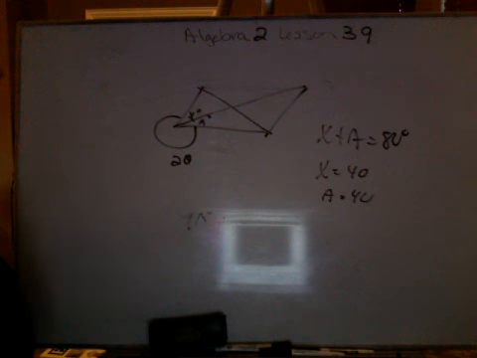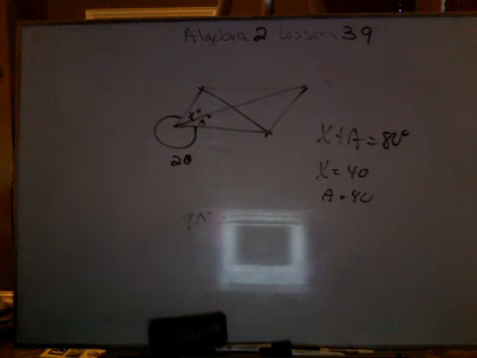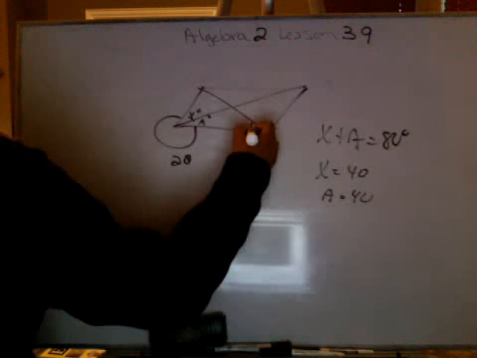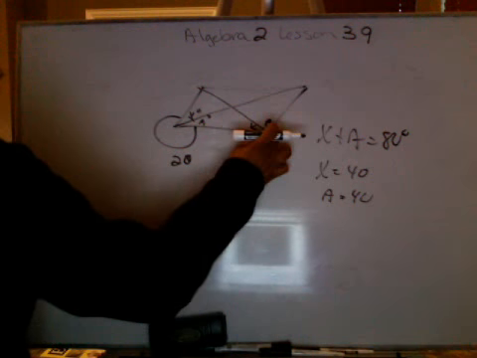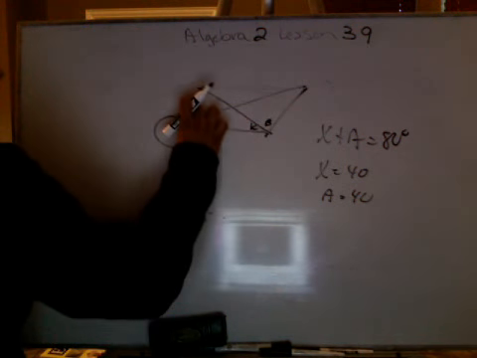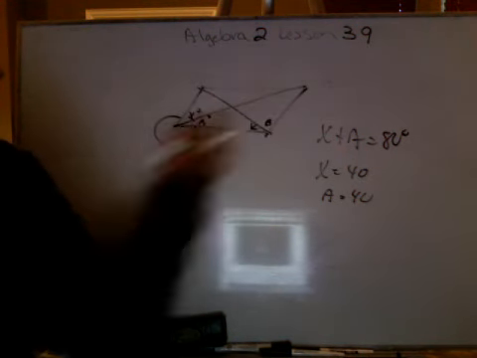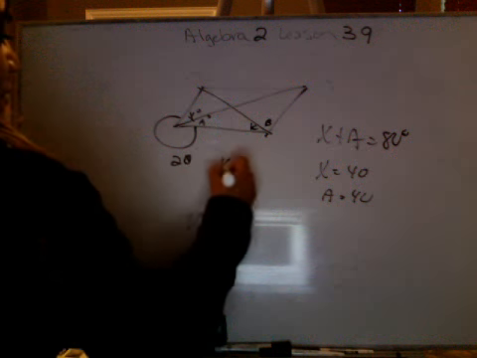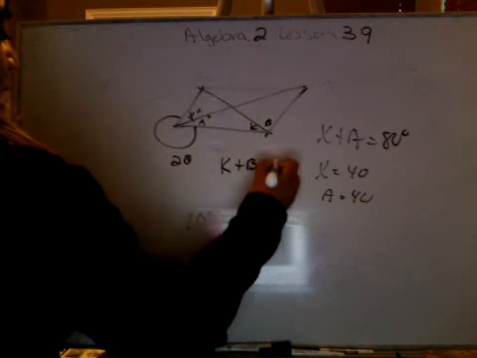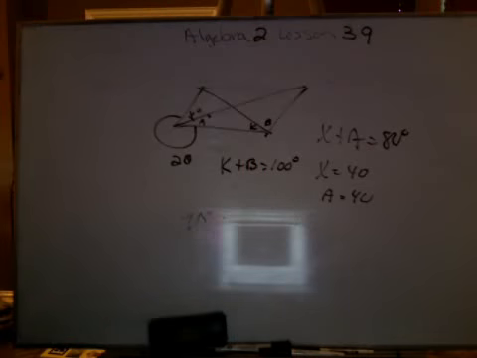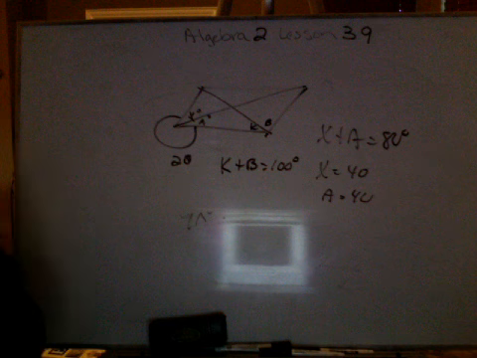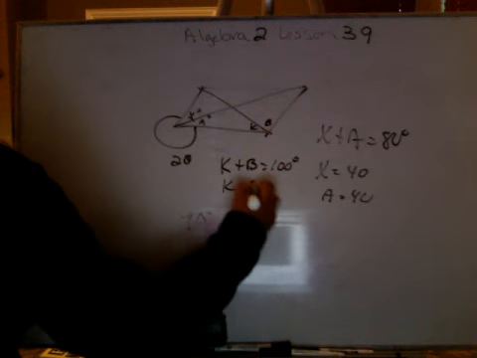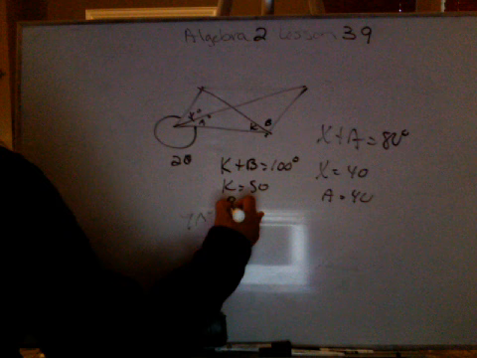So K plus B has to equal 100 degrees, because this angle plus these two angles, which equal 80, have to equal 180. But EG bisects angle G, so K and B are equal. So K is equal to 50, and B is equal to 50.